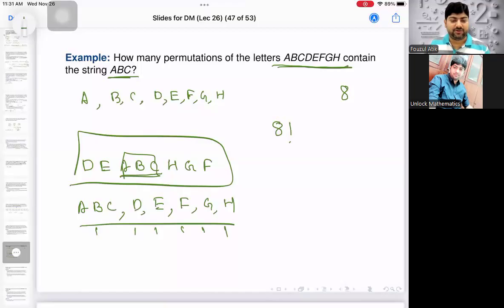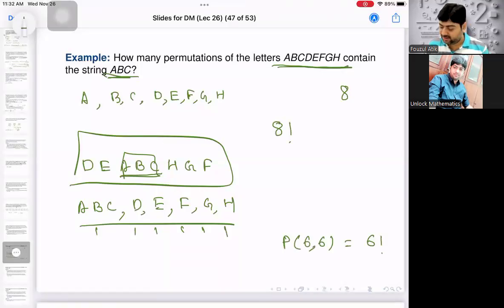How many ways can you permute? We know the permutation formula. 6 elements are there, and you need all 6 permuted. So it is basically P(6,6), which is 6 factorial. So there are 6 factorial permutations which contain the string ABC.